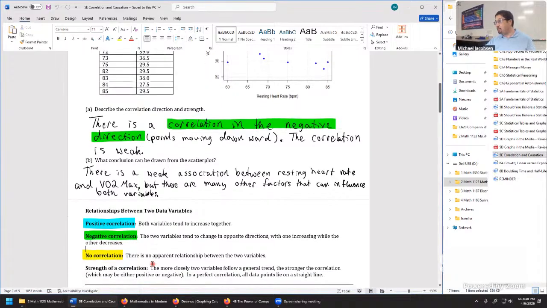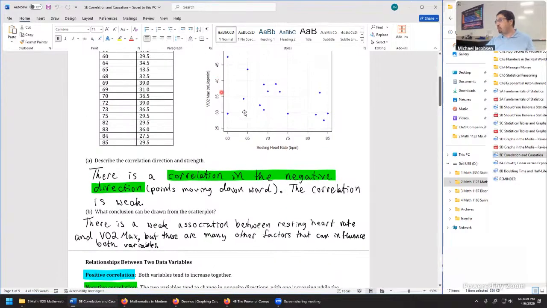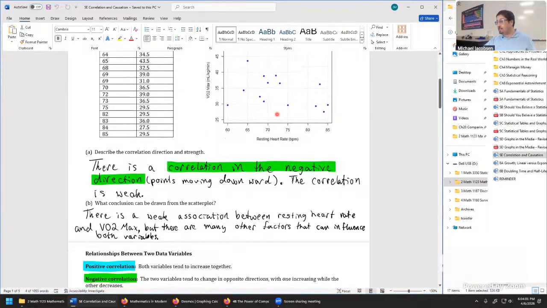Okay, another thing that was really hard to assess in these graphs is if there's a correlation, you also want to say how strong that relationship might be. We said that this one was weak because a strong relationship means that the points are going to be closer to each other on a line. If they fall exactly on the line, we'd call that perfect correlation. But here there's a good amount of scatter.